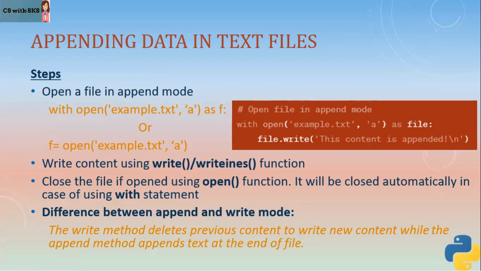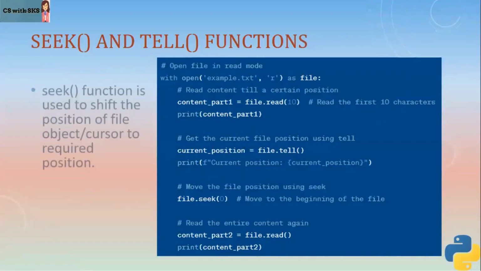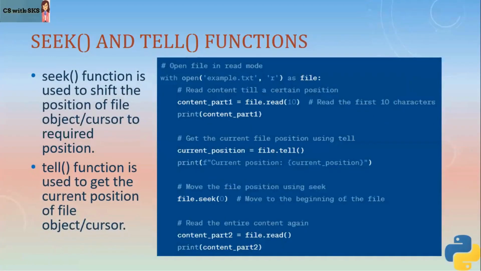Before I go to the Python shell, there are two things you need to understand: the seek and tell functions. They also play a very important role in text file handling or file manipulation. The seek function is used to shift the position of the file cursor. When you read the file, the file handler's position is moved.